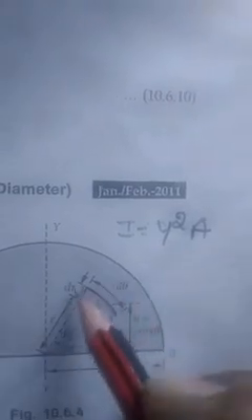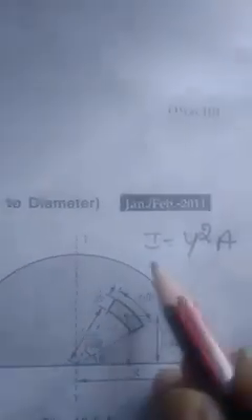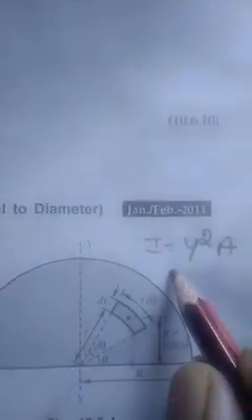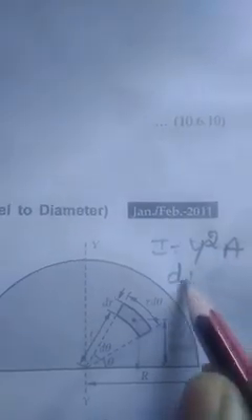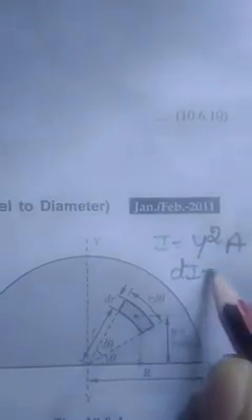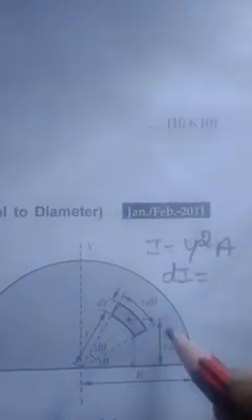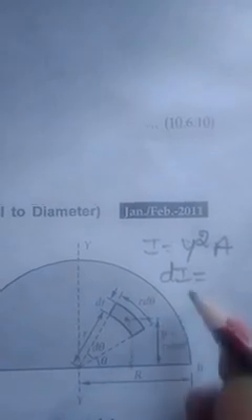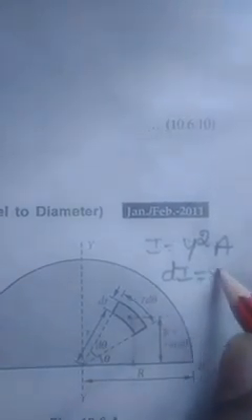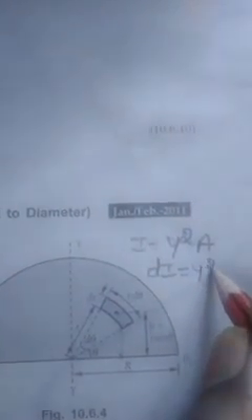I is for a bigger area. For a smaller elemental area, what should I take? I will write it as dI. dI is equal to y square, the distance. I will write y square as it is. I will not change it. The distance will remain the same.